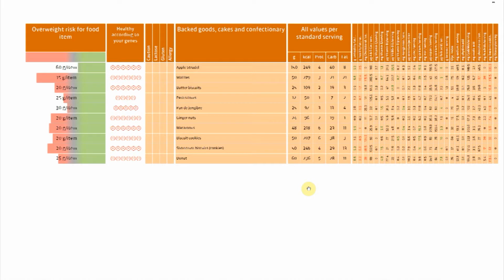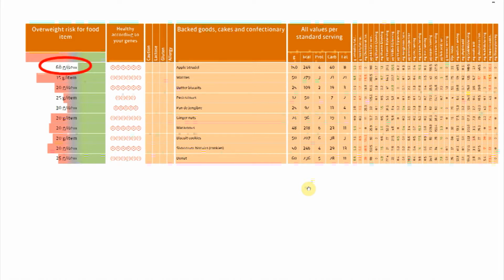And for one thing, what is important for the weight management aspect, in case you have ordered this, you will see these bars here. And these bars and these numbers will likely be different for you because it's based on your genes. They're all personalized. So what we find here is that apple strudel is, as I've explained, something that has less weight gaining potential than waffles would do.